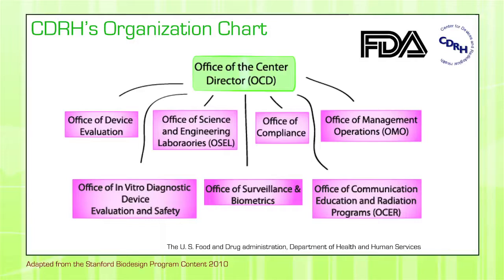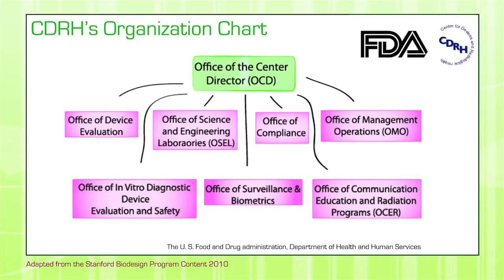There is an Office of Compliance, which manages most of the post-market surveillance and compliance issues that the FDA oversees. There is the Office of Management Operations. There is the Office of In Vitro Diagnostic Devices, Evaluation and Safety. There is the Office of Surveillance and Biometrics and the Office of Communication and Education and Radiological Programs.